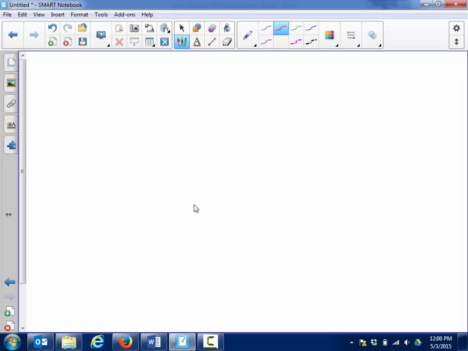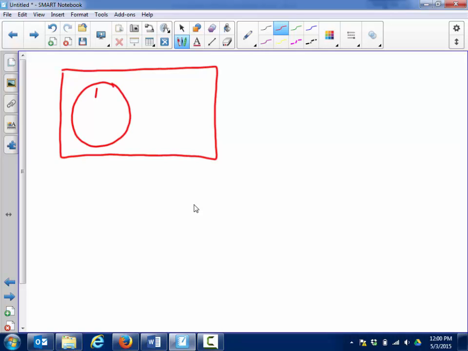Okay, so if I've got a probability sample space, that is 100% of all the outcomes for a random event. And over here, I've got event A. Over here, I've got event B. And if I ask you, what's the probability of A or B, A union B?